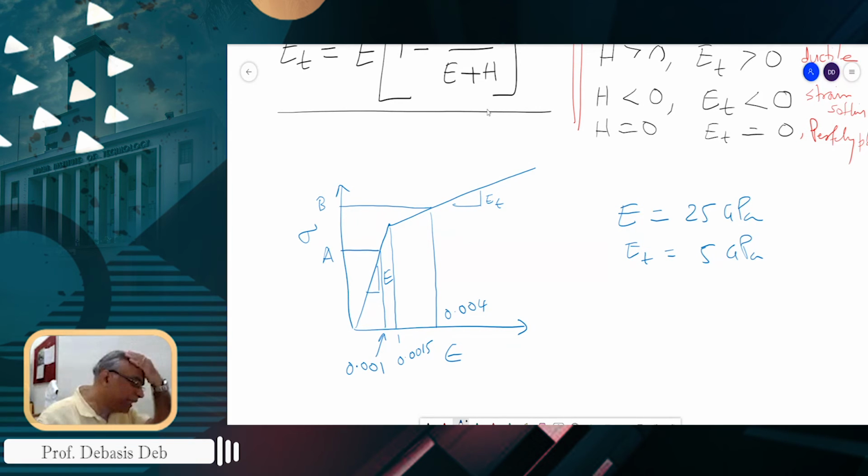Sigma is 25 gigapascal times 0.0015. This is the strain, right? It is already given. So 25 is in gigapascal, so if you want to change it to megapascal, you multiply by 10 to the power 3.